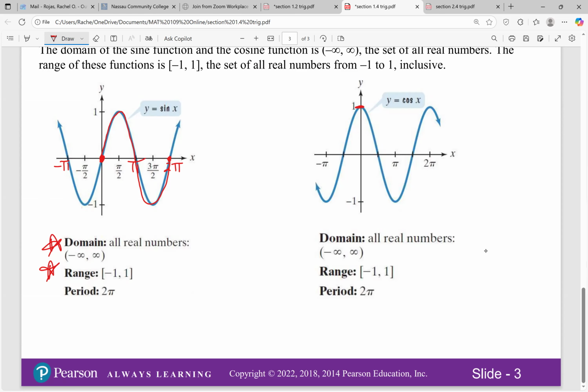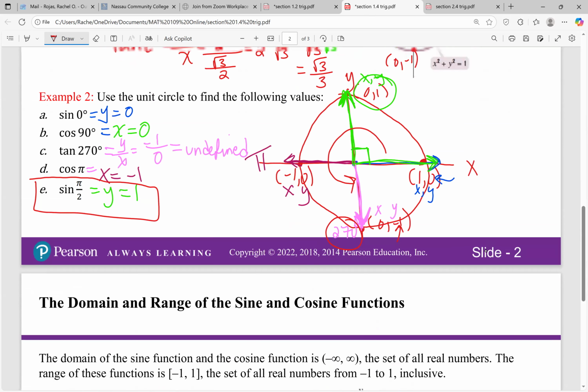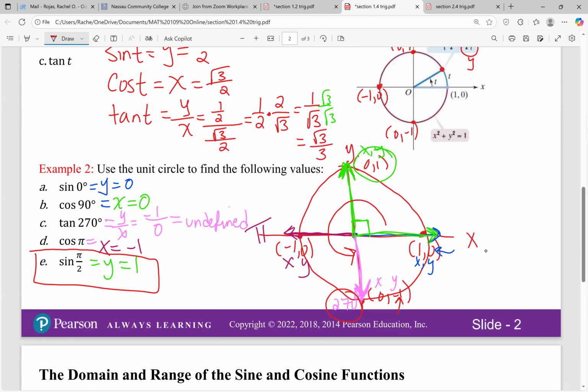So for example, this point right here is pi over 2, 0. So what's the cosine of pi over 2? Well, it's 0. We did sine of pi over 2 before, but let's look at cosine of pi over 2. Pi over 2 is this 90-degree right angle.